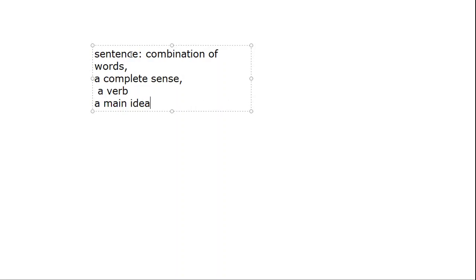Now, we have another thing which is very much similar to a sentence, and that is a clause.